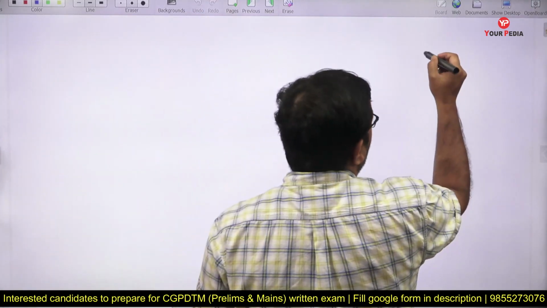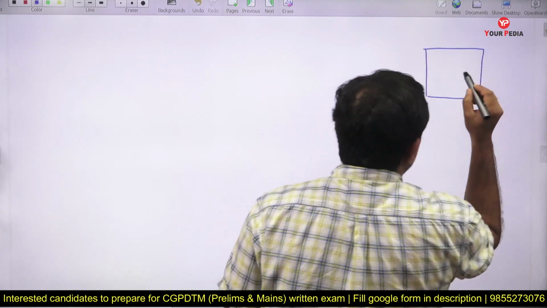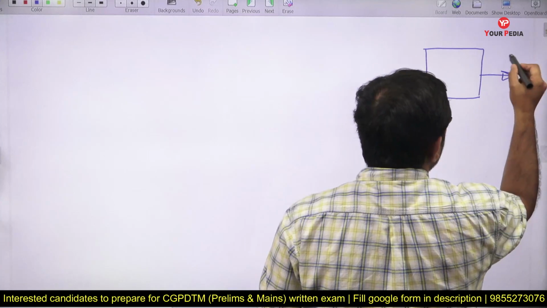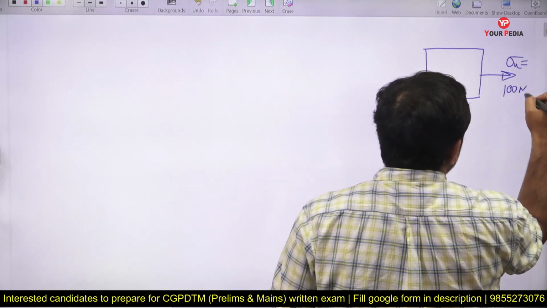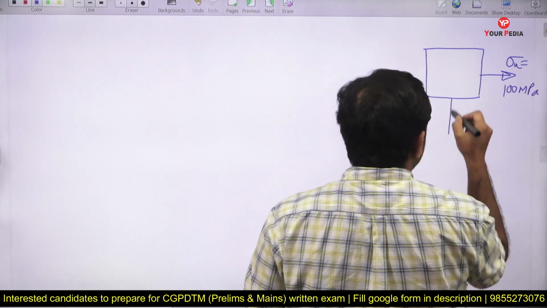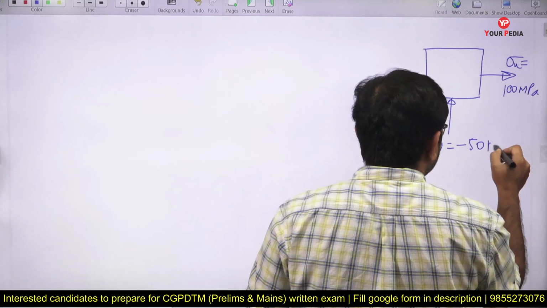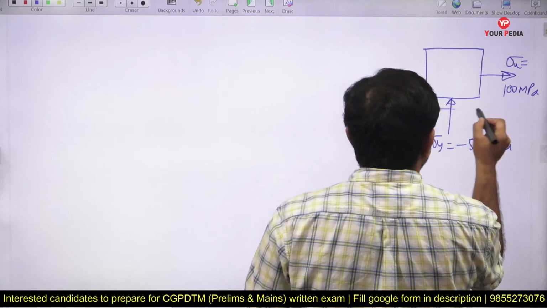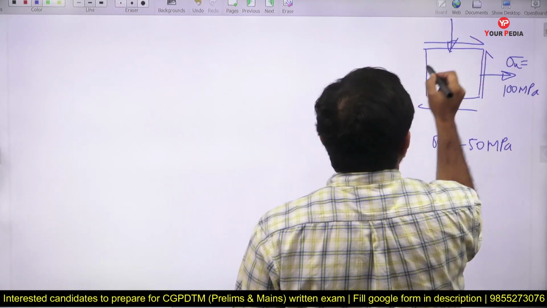After writing this, what to do next, you need to draw the Mohr circle. So before drawing the Mohr circle, for reference, here I am representing the given state of stress condition. This is sigma x which is equal to 100 megapascal, and similarly this is sigma y which will be taken as minus 50 megapascal, and here this is tau xy.